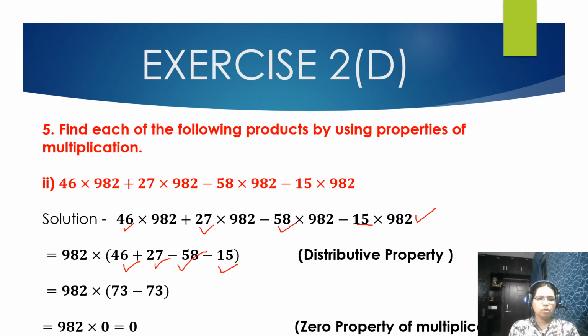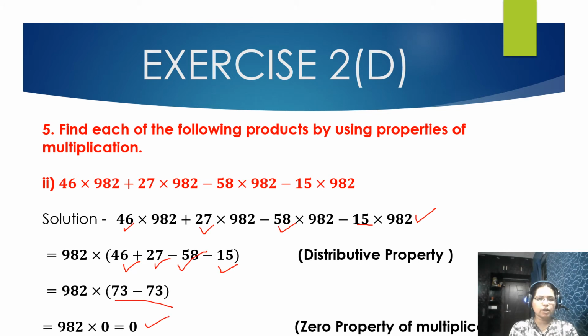of whole numbers. Now 46 plus 27 is 73. 73 minus 58 and 15 is 73. 73 minus 73 is inside the bracket, and 73 minus 73 is 0. So 982 multiplied by 0 is 0.